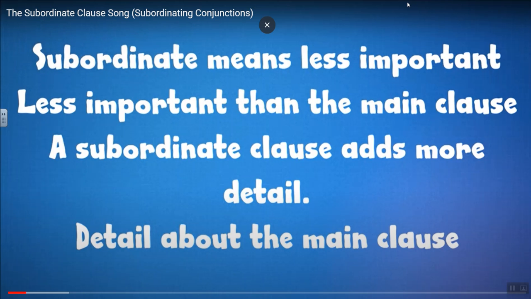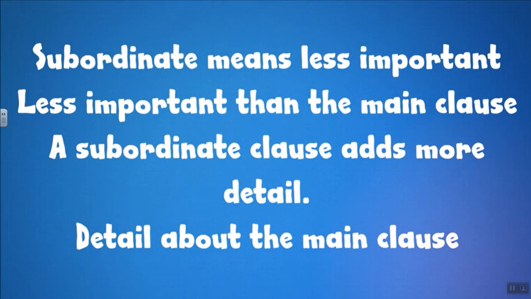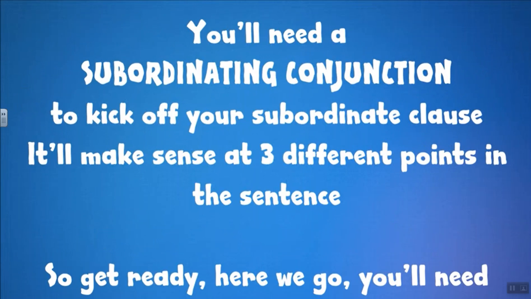Subordinate means less important than the main clause. A subordinate clause adds more detail about the main clause. You'll need a subordinating conjunction to kick off your subordinate clause. It'll make sense at three different points in the sentence, so get ready, here we go.